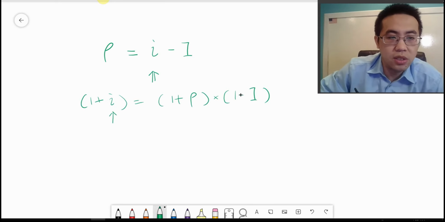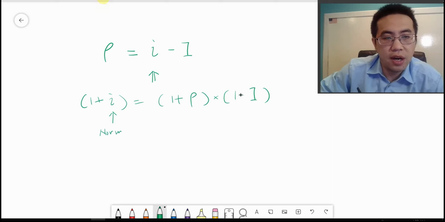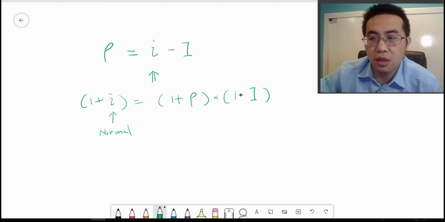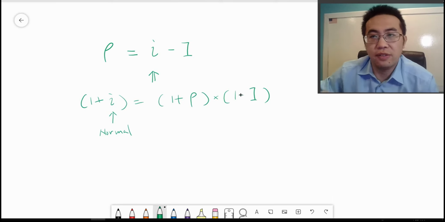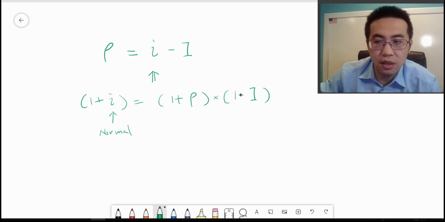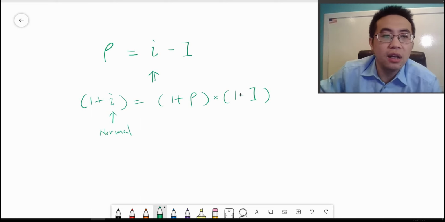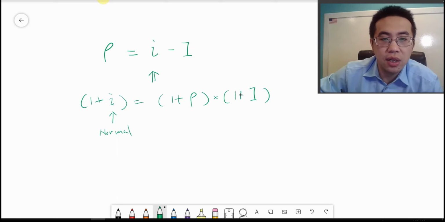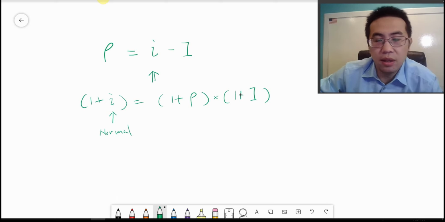The nominal rate is what you hear every day from the news channels: the Federal Reserve announced to reduce the federal funds rate. That's the nominal rate. The real rate is the interest rate with the inflation taken away, or the real rate multiplied by the inflation would give us the nominal rate.